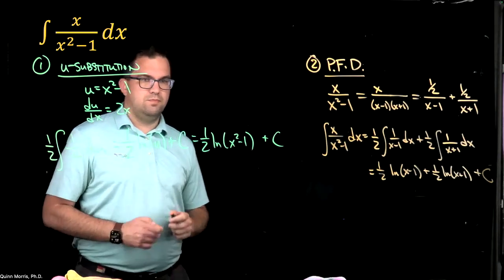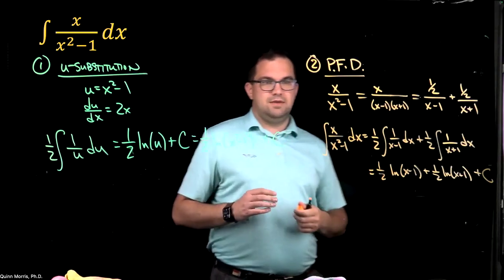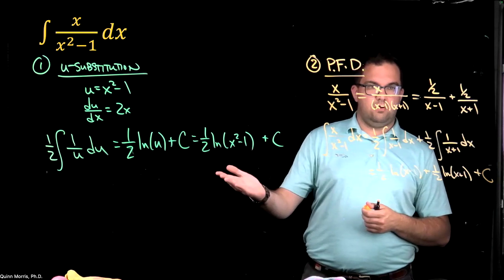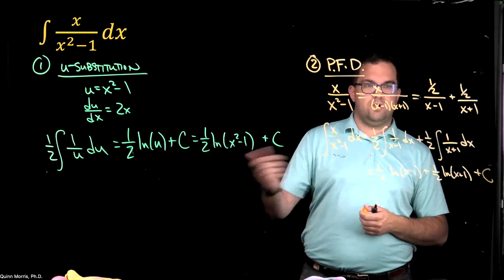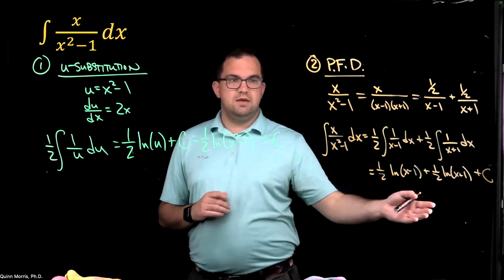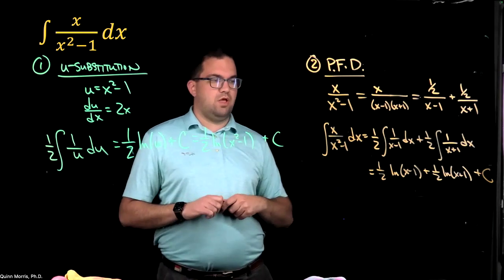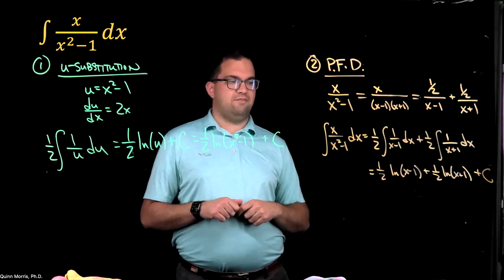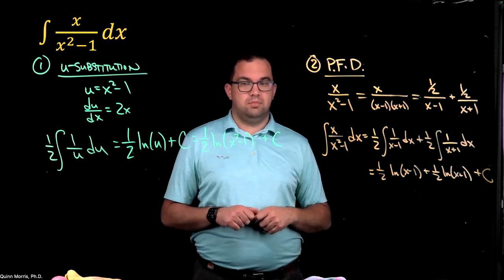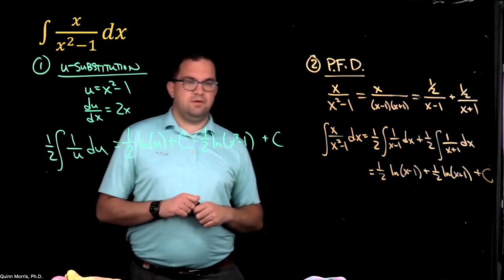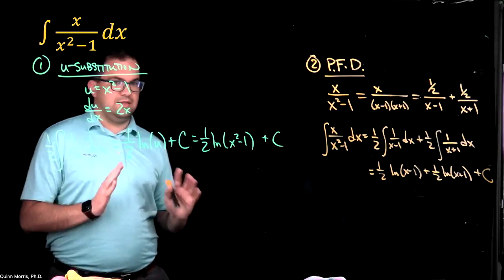Now, you may be concerned. Here, we got 1/2 natural log of x squared minus 1 plus c. And here we got 1/2 natural log of x minus 1 plus 1/2 natural log of x plus 1 plus c. Now, there are a couple of reasons not to be immediately concerned.